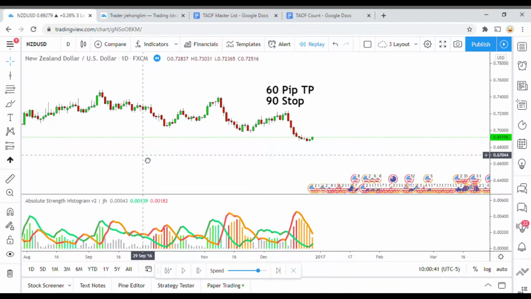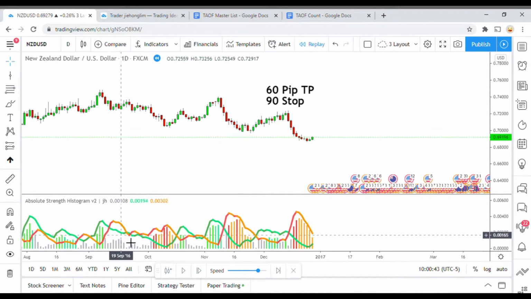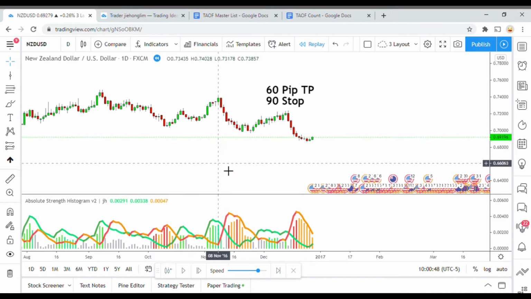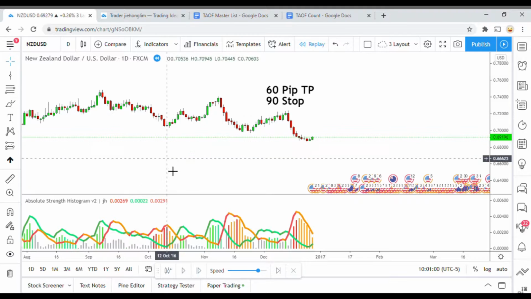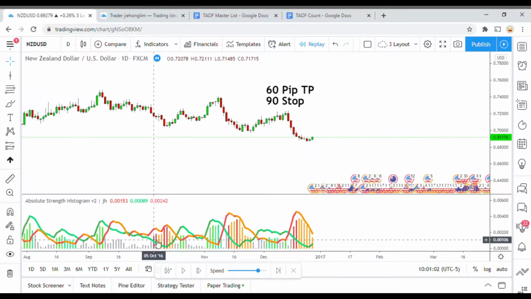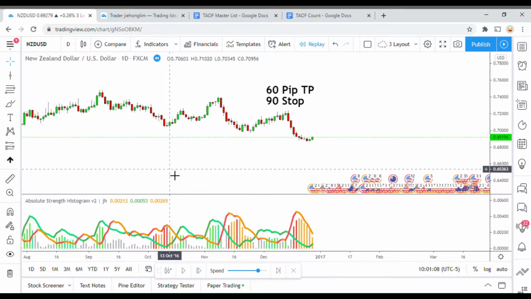Now, what it appears to me is that we have the oscillating lines here. Obviously, those are big and bold and right in our face, and so those have to account for something. And then we have the histogram painted kind of in the background of the two lines. And so those, I would say, have to play a role in this indicator as well.